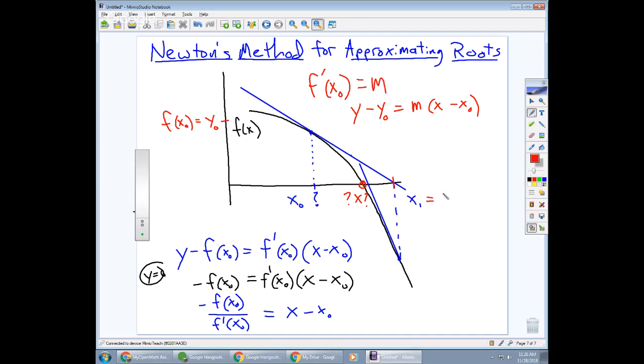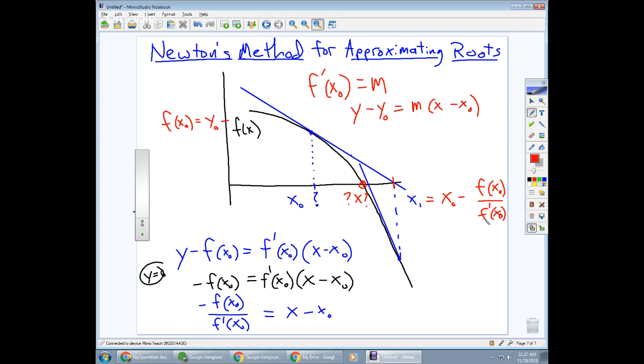Okay, so I get the following formula for this next guy right here. That's going to be equal to the previous x value minus the quotient of the function value divided by the derivative at that x value. And this process is identical over and over and over again, right?